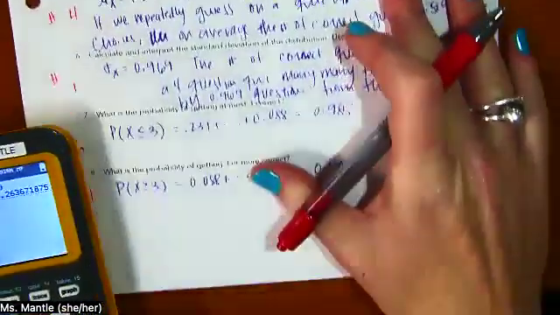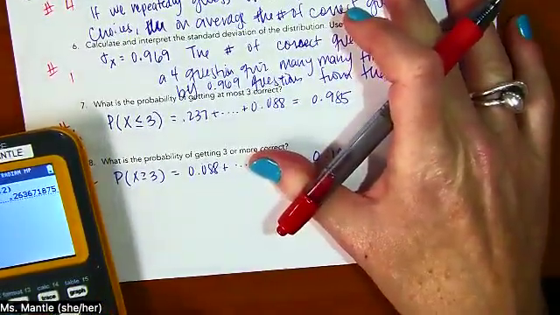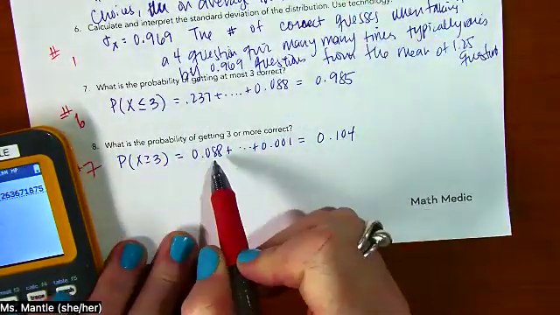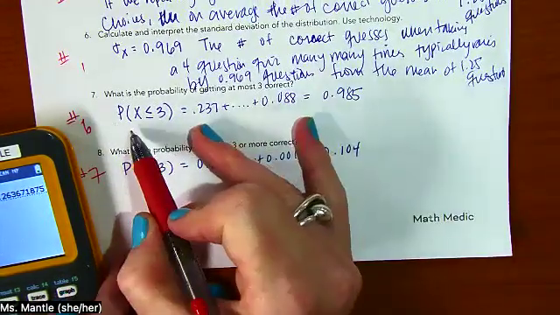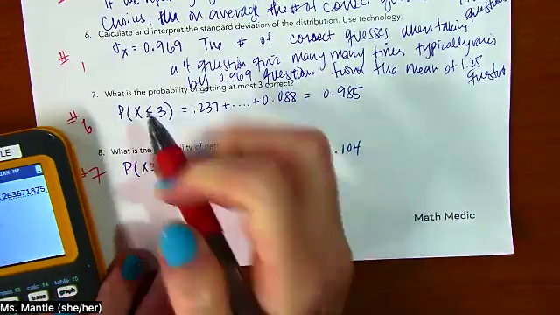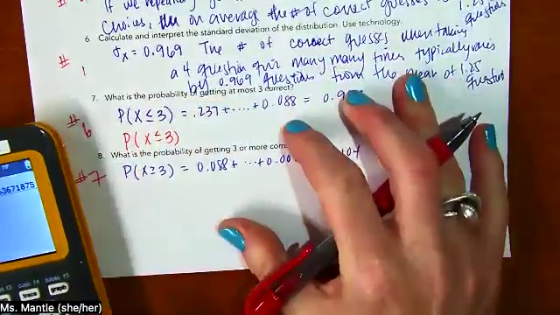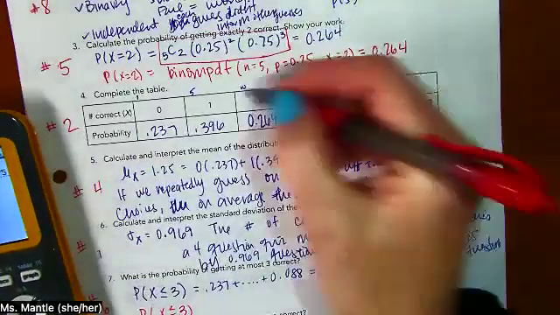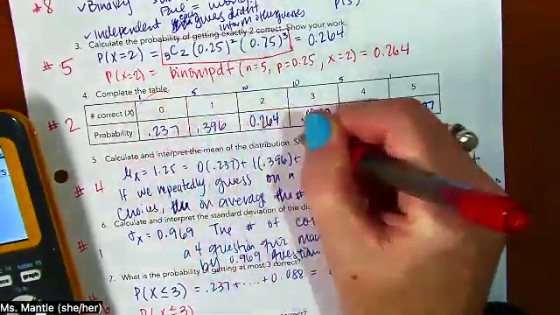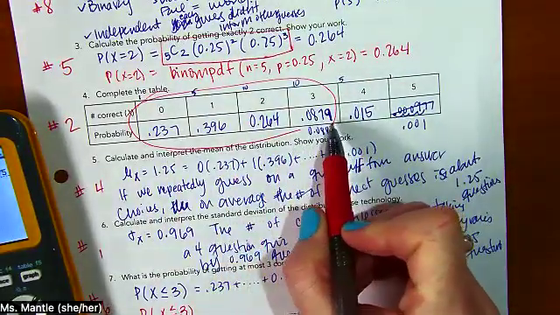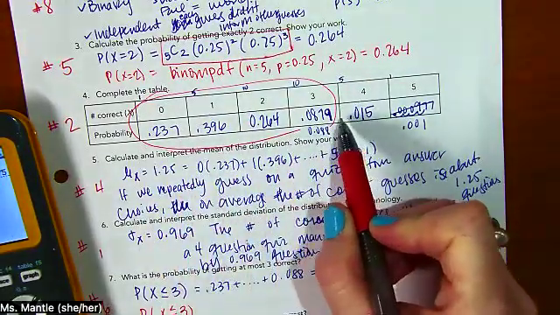Okay, so let's go down here for a second. So we can do the same thing for 7 and 8. So if I want x less than or equal to 3, the probability of x less than or equal to 3. So remember that that means that we're looking at all of these values. And so we are accumulating values in the table.